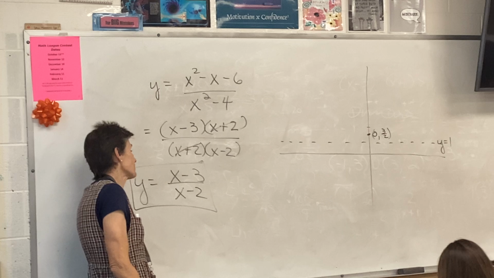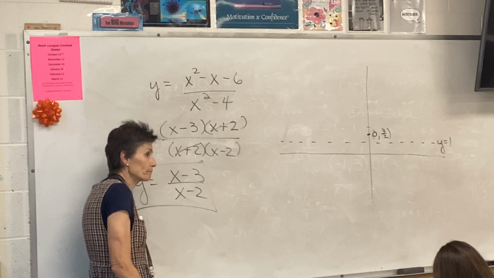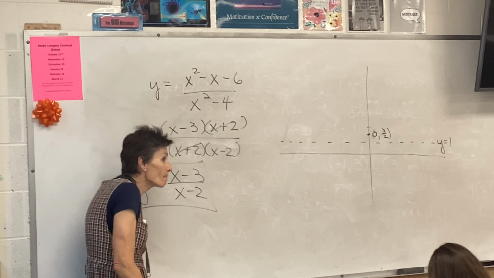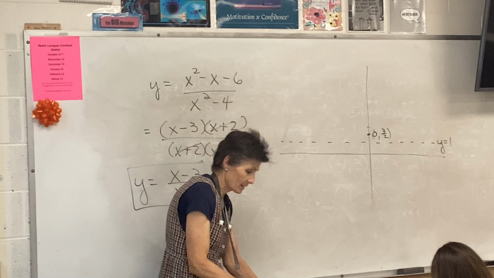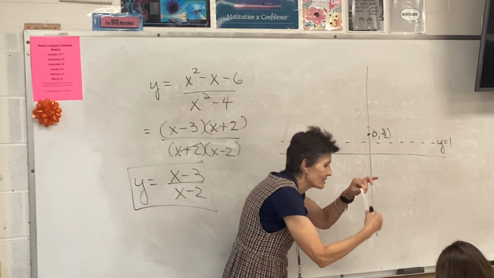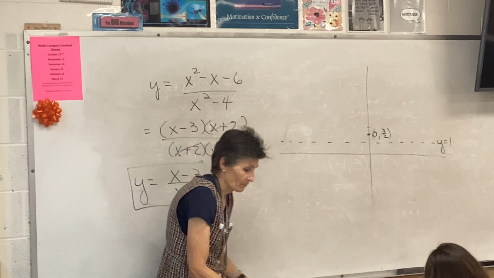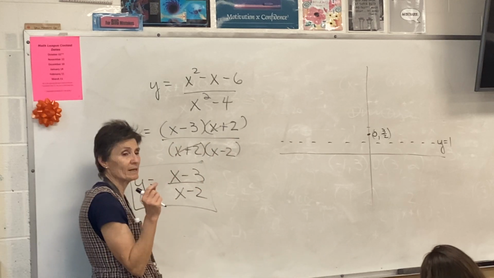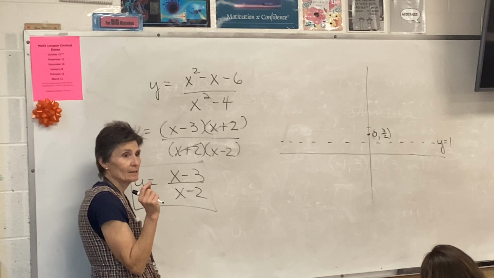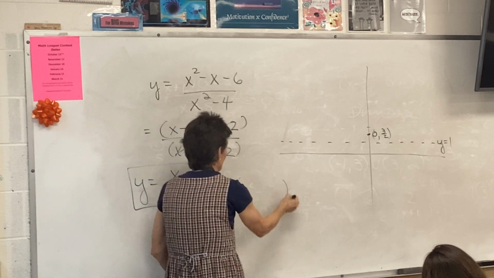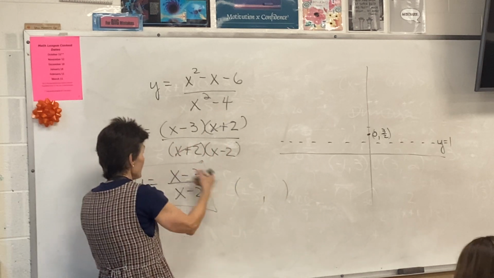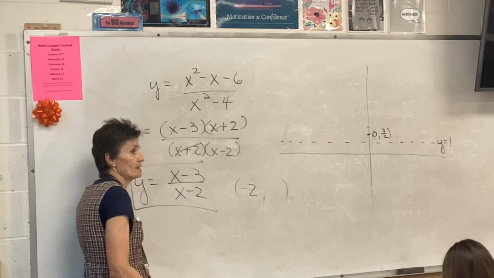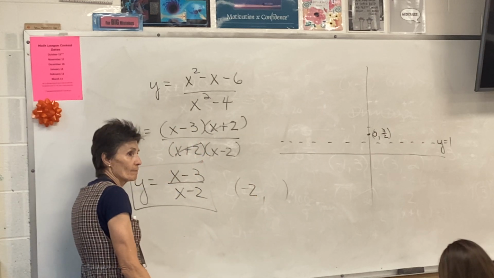Evan, give me something else. Give me something else that's in this list. The hole. We know we have a hole because we canceled, right? So the hole will be where x is -2.